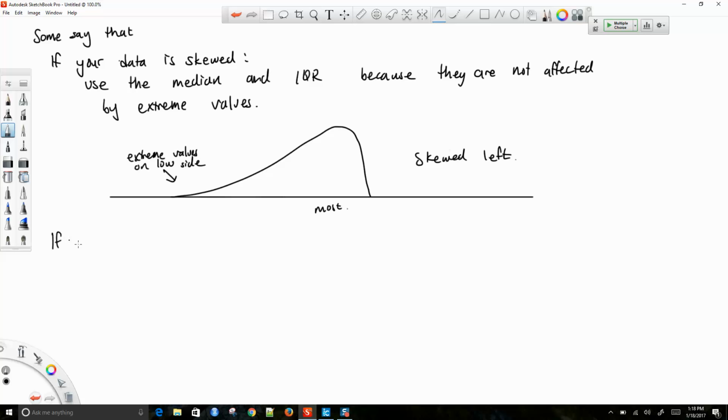And then if your data is symmetric, we may prefer to use the mean and standard deviation.